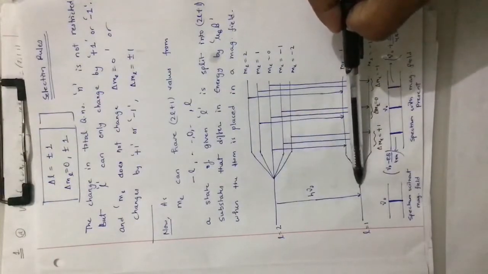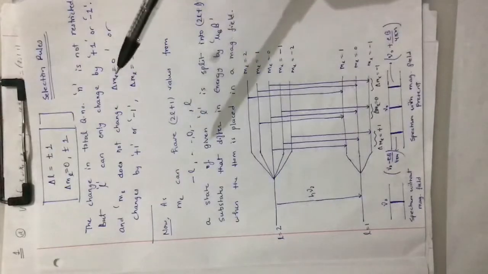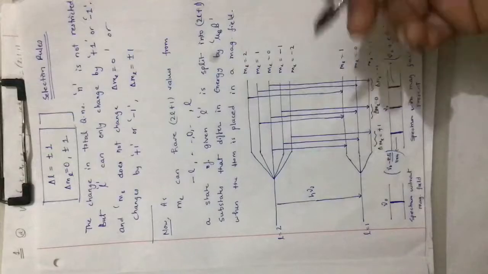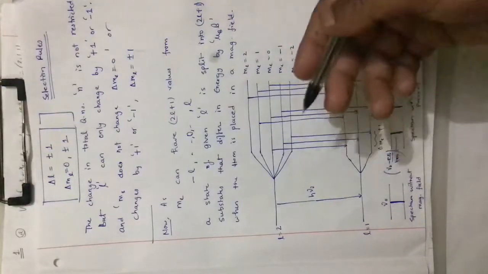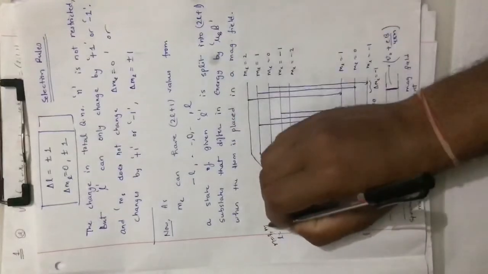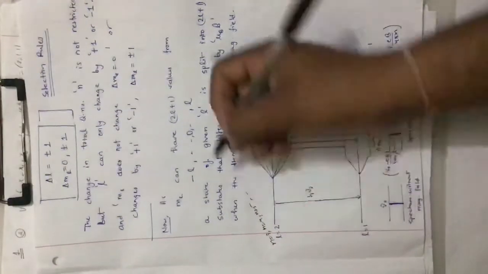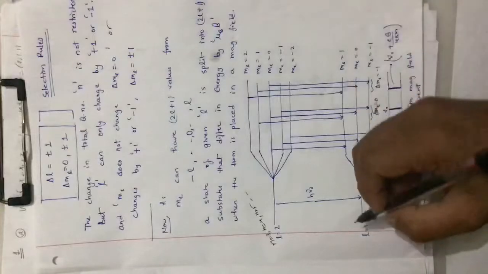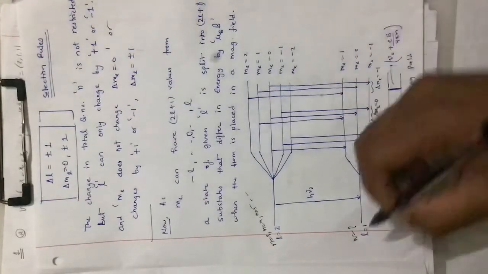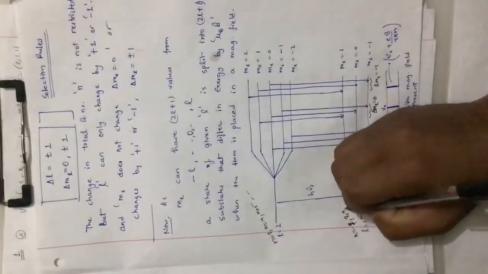Now you can see that N can be anything here. N can be 3 here, N can be 4 here, N can be 5 here, or anything. And N can be anything here as well, right?